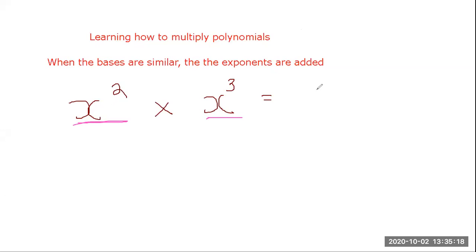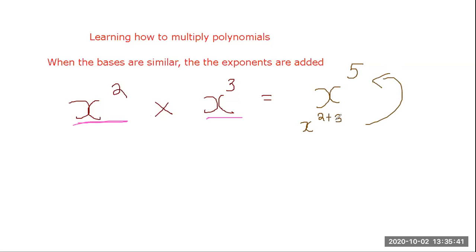The answer would be x to the 5th power. This is really x to the 2 plus 3. The bases are similar, so I add the exponents, and my answer becomes that.